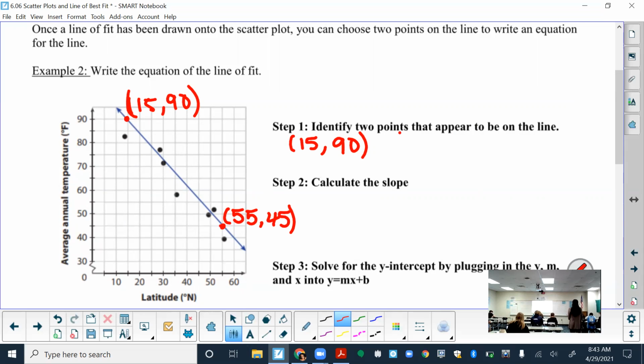So here are my 2 points that I'm going to use, because they appear to be on this straight line. We're going to calculate the slope. So taking it way back to first semester, do you remember how to calculate slope? It is the rise over run. You can count it here if you want. Or what else could you do?